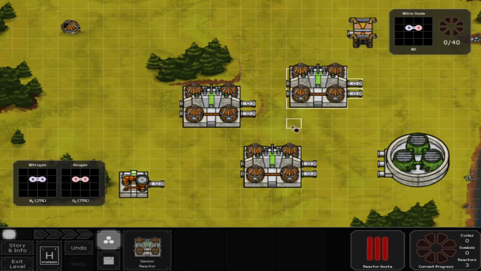So, my idea is to run the pipe from the pump, the atmospheric pump, into our first reactor. What is going to happen is the nitrogen will come right out.